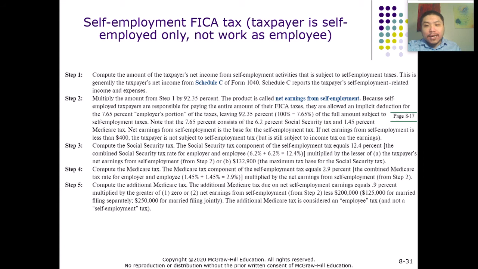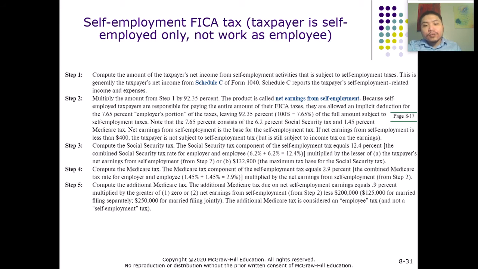We calculate that by taking the 0.9% multiplied by the net earnings that is above the threshold, right? So let's say a single taxpayer, self-employed, who makes $250,000 from his business.